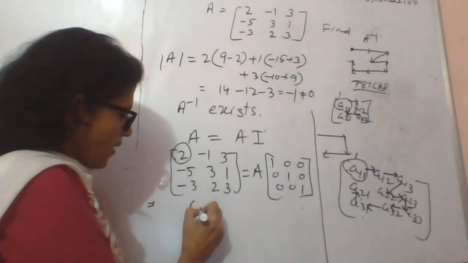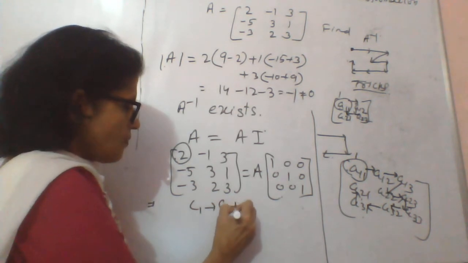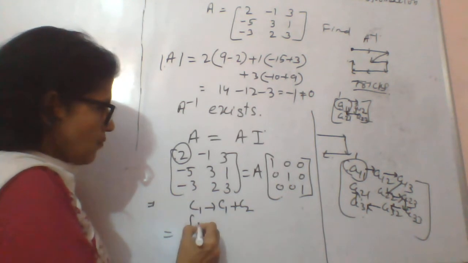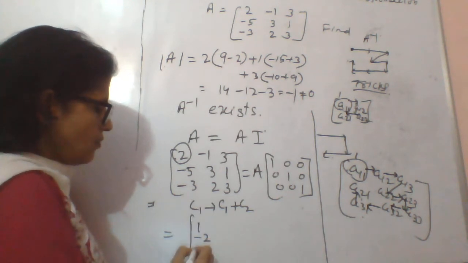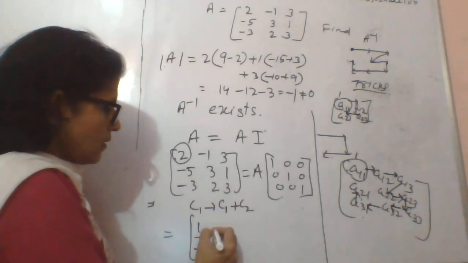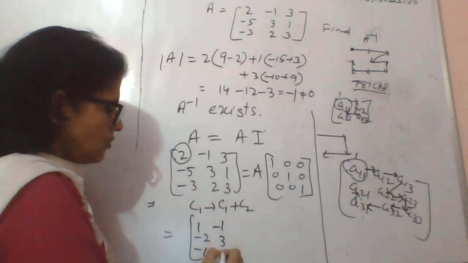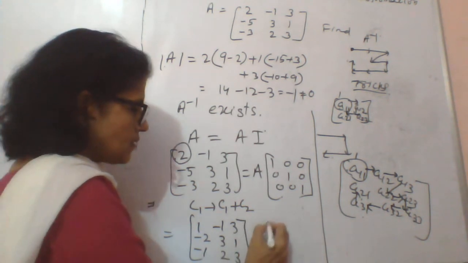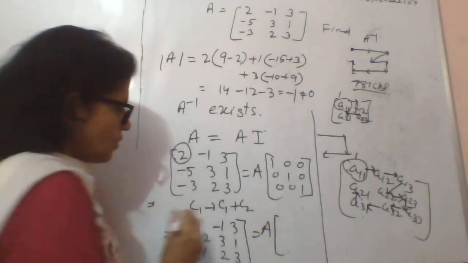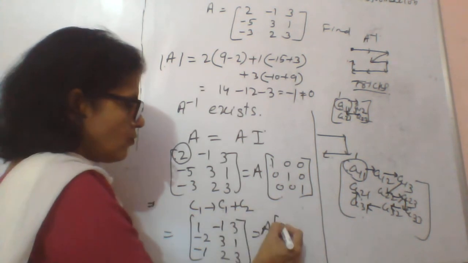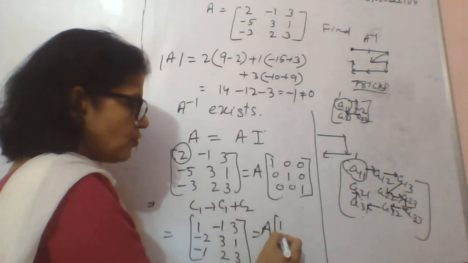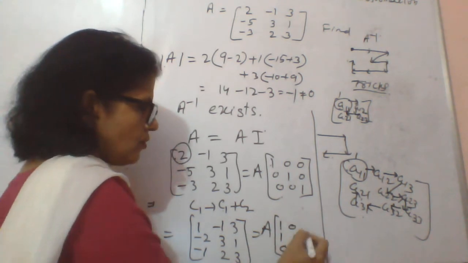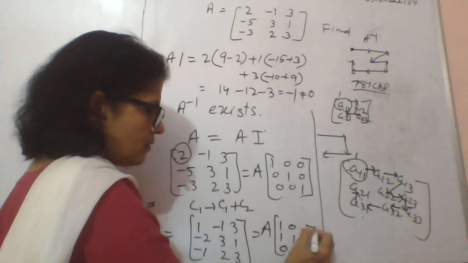So C1 replaced by C1 plus C2, so that you get 1, minus 2, minus 1, and the other columns minus 1 3 2, 3 1 3, equals A into, taking C1 plus C2, 1 1 0, 0 1 0, 0 0 1.